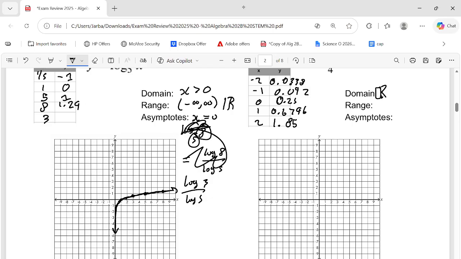You can kind of just graph these points now. Oh, I think I can get one more point at 3.